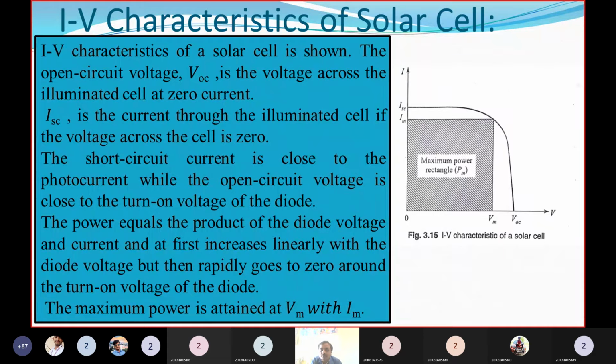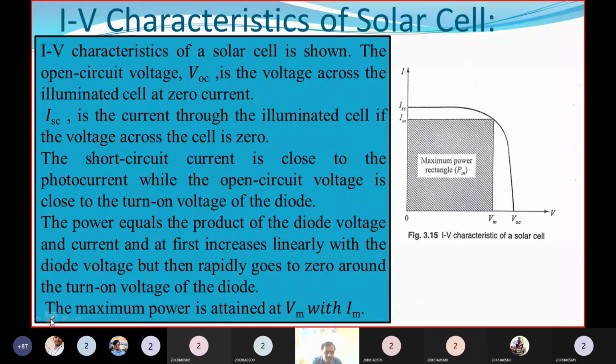The current at which power is maximum is called Im, and the voltage at which power is maximum is denoted as Vm. If you use this particular voltage, you get the maximum power.